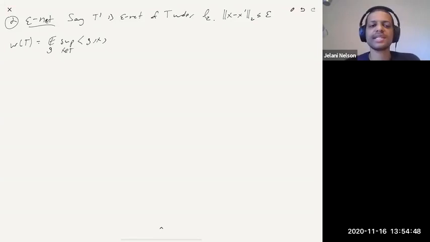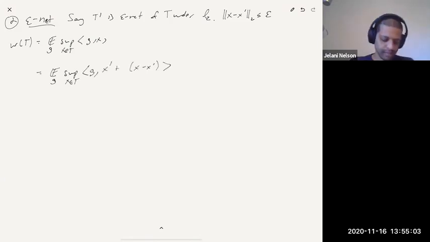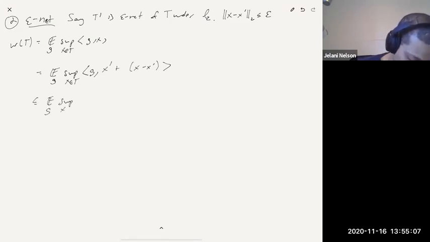But I can write x as x prime plus x minus x prime. So this is equal to the expectation over g of the sup over x in T of g dot x prime plus x minus x prime, which is at most the expectation over g of the sup over x in T of g dot x prime, plus the expectation over g of the sup over x in T of g dot x minus x prime.